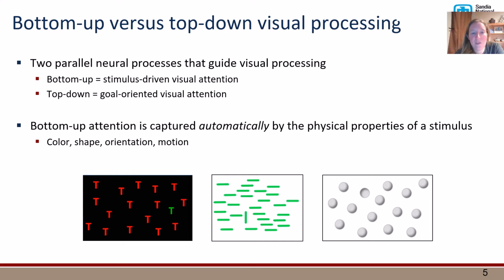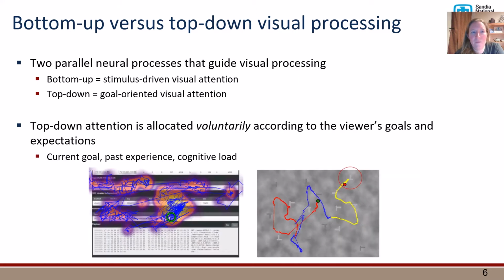Like in these examples here, the thing that is different from the others pops out and automatically captures your attention. In contrast, top-down visual attention, also known as goal-oriented visual attention, is allocated voluntarily according to the viewer's goals and expectations. So it's impacted by their current goal, their past experience, and their cognitive load.